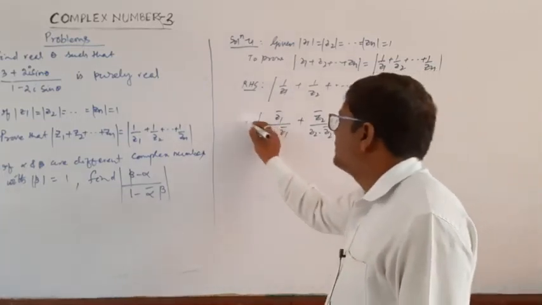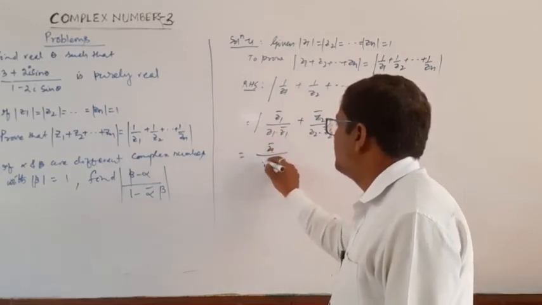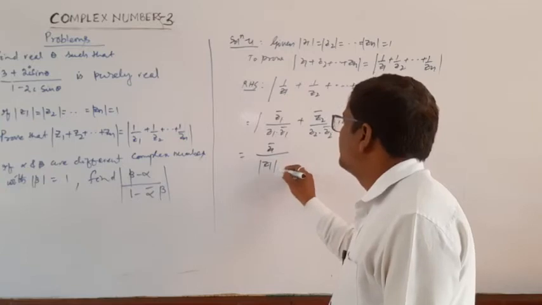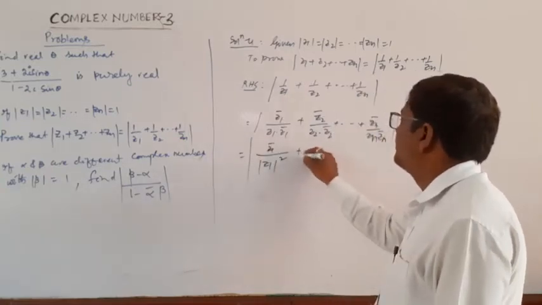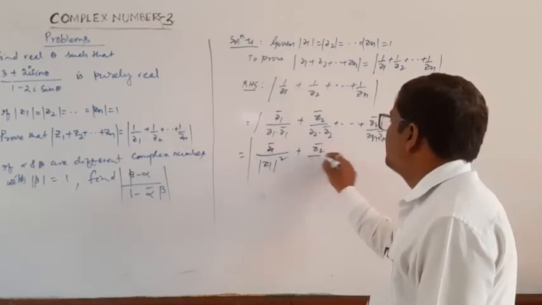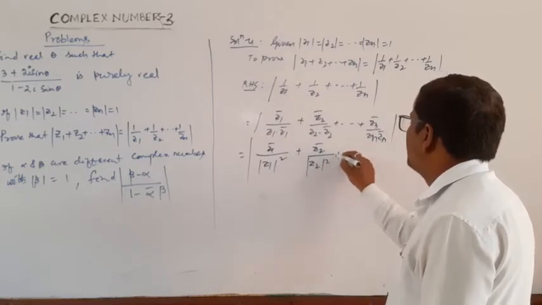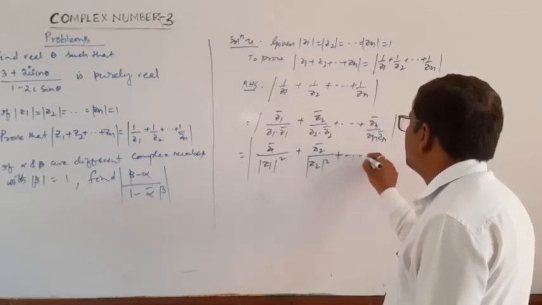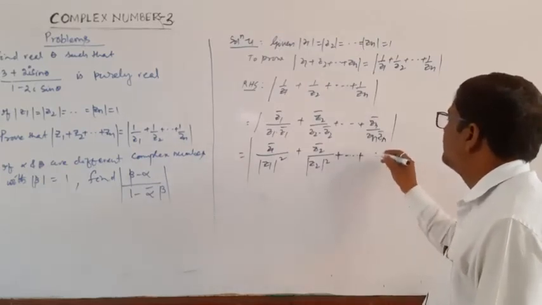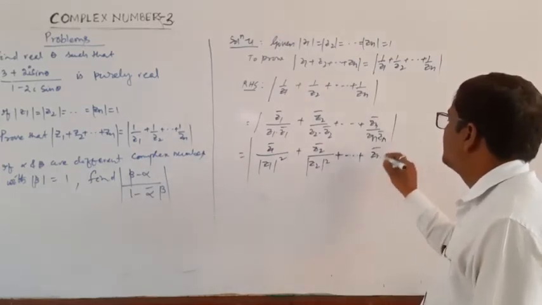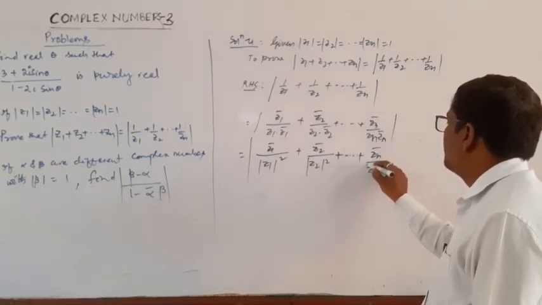So this is equal to z1 conjugate divided by |z1| whole square, plus z2 conjugate divided by |z2| whole square, plus up to zn conjugate divided by |zn| whole square.